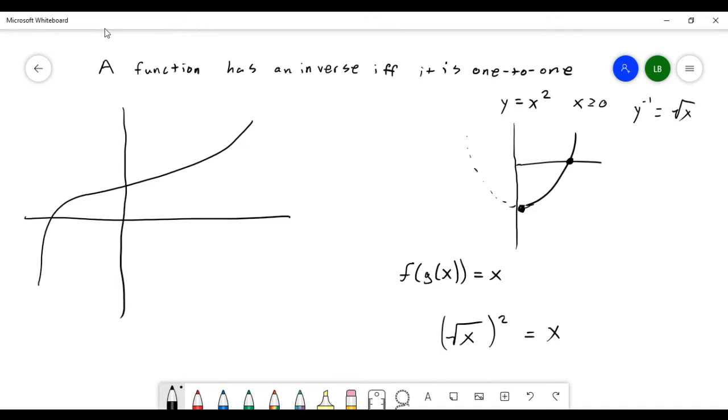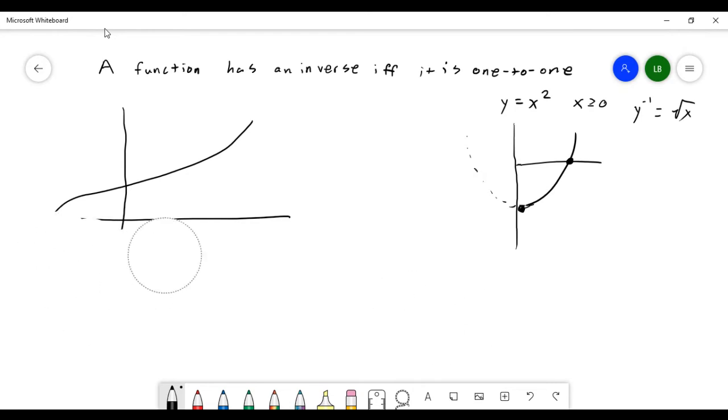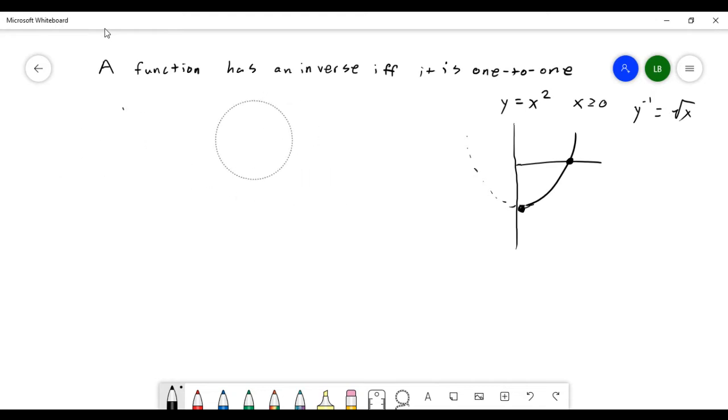Yeah, the important takeaway from that whole spiel was that the function has to pass the horizontal line test in order to have an inverse. But what if you aren't necessarily given the graph of a function? How do you tell if it has an inverse? Well, in that case, you have to tell whether it's monotonic, or strictly increasing or decreasing.